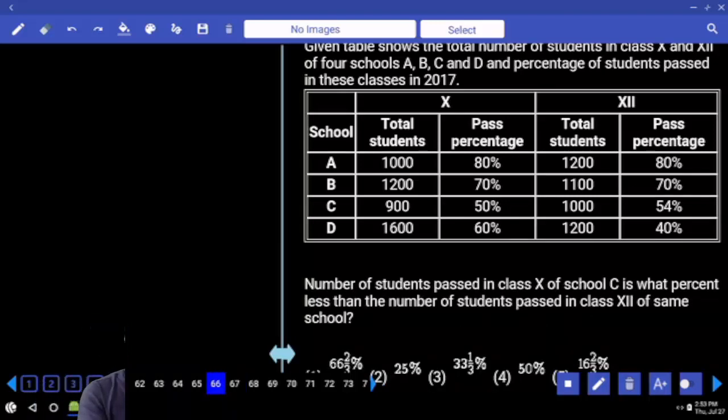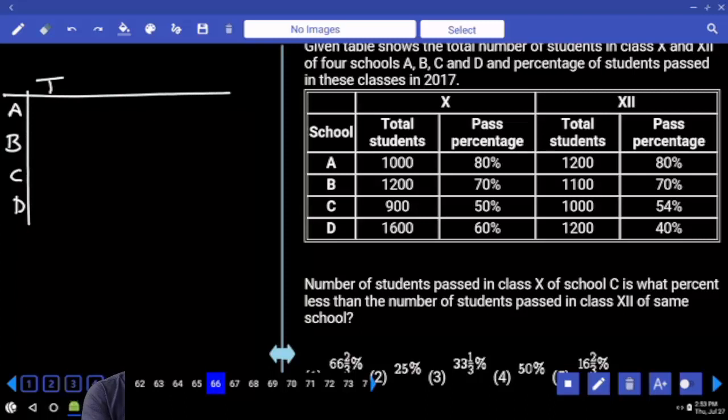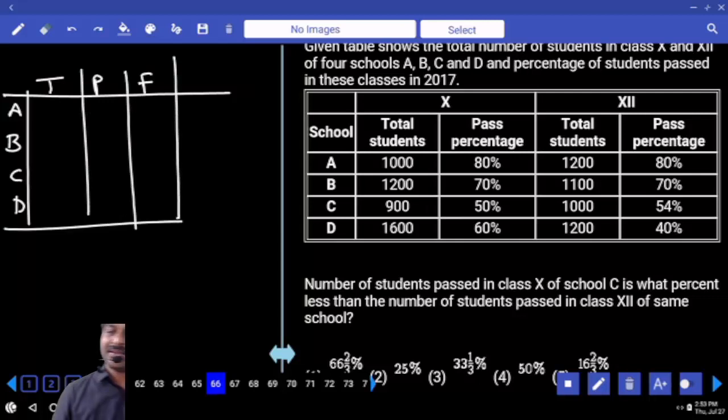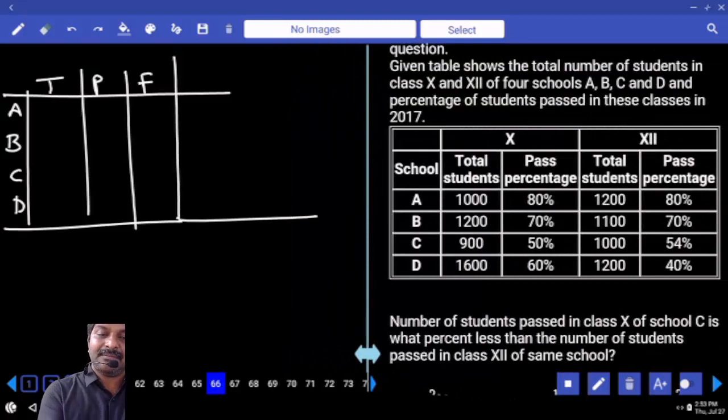So now when you write the table, A, B, C, D, X, total, pass, fail. Next 10th class. Next 12th class. Again the same: total, pass, fail.